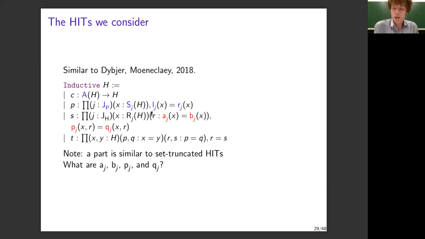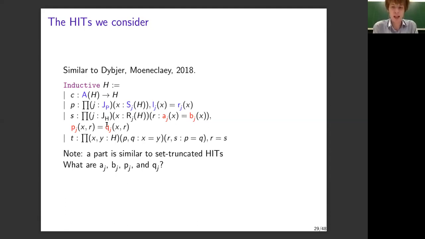Namely, how do we represent the path argument, and how do we represent the left and right-hand side of this equation? For RJ, which is just the point argument, we can again use a polynomial. So we will discuss these four ingredients in more detail.